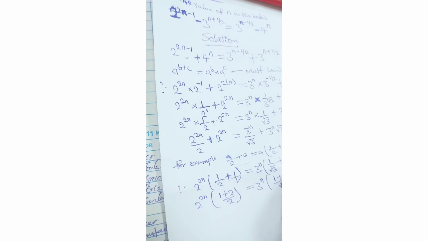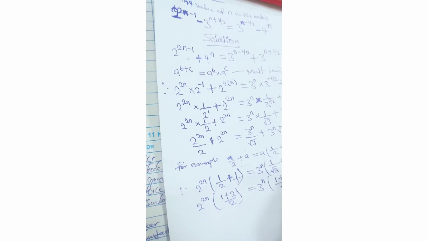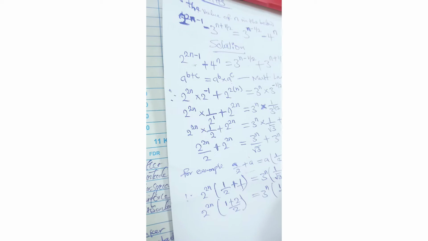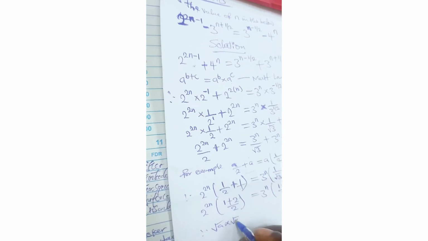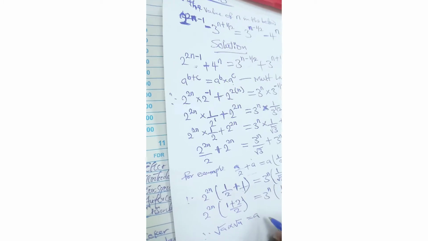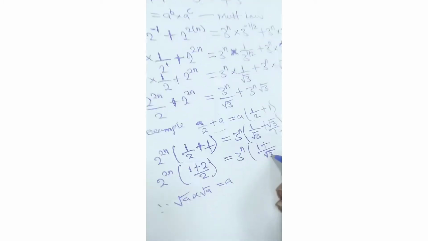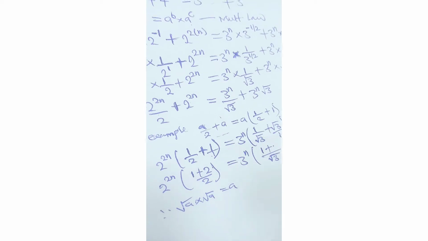So root 3 times root 3 under surd, that's multiplication of surd, is going to give you 3. For example, when you have root a times root a, it is going to give you a. So in this place you have root 3 divided by 1, you know you are going to have root 3.